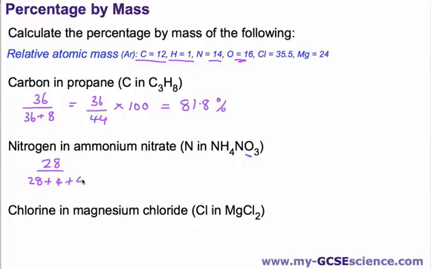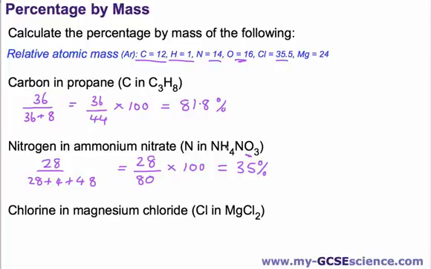So 3 of those would be 48. Simplify that bit, that would be 28 over 32, 72, 80. 28 over 80, don't forget the times 100 for the percentage, and the answer is 35%.